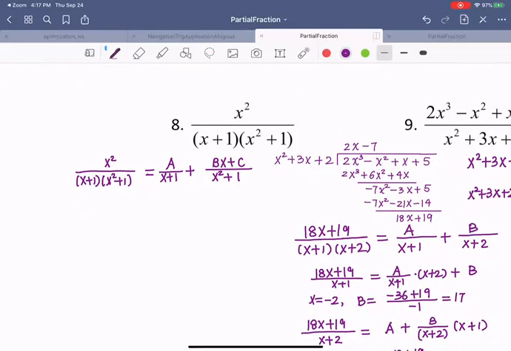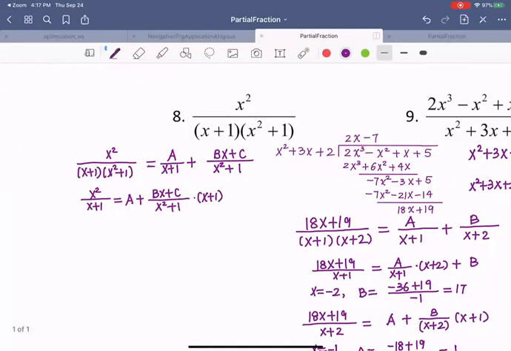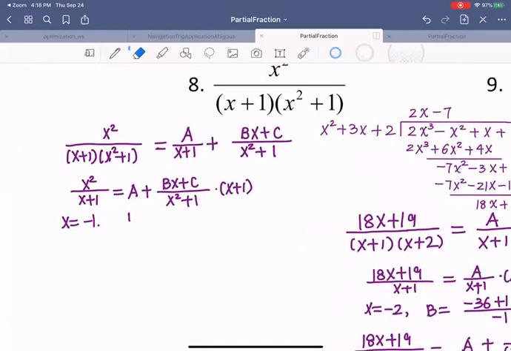Times x plus 1 for each term. I have a typo over here.